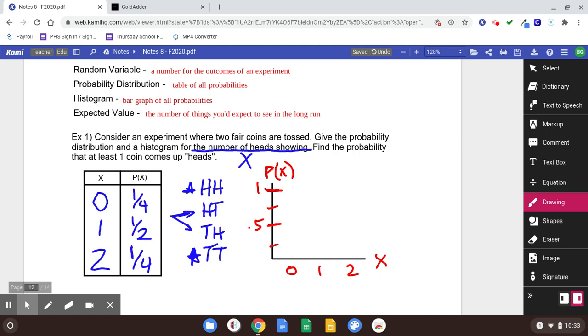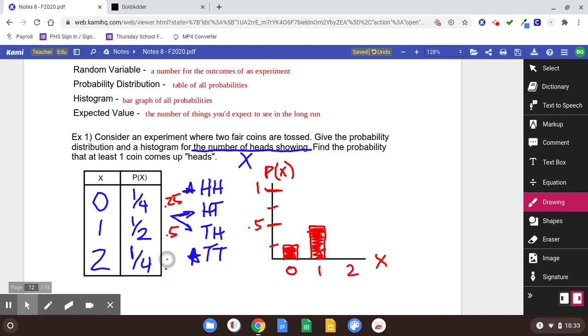So we're going to draw a bar graph. So the first bar, 1/4, is the probability. That's like 0.25. So I'm just going to draw a bar that goes to 0.25. And for 1 head showing, the probability was 1/2 or 0.5. I'm going to draw a bar that goes up to 0.5.